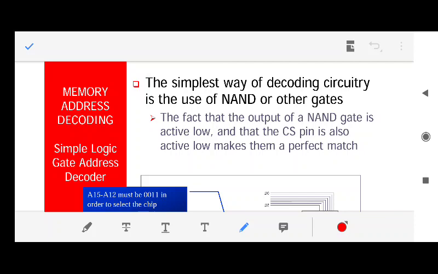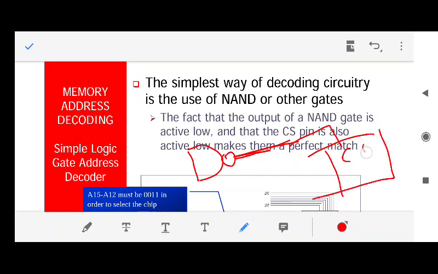The reason is the output of the NAND gate, when does the output of a NAND gate become 0? Because the output you ultimately have to use for selecting a memory, that is the CS pin. And the chip is selected when the signal to this pin is 0.